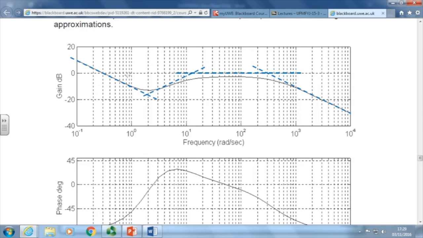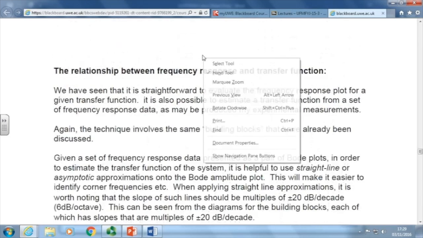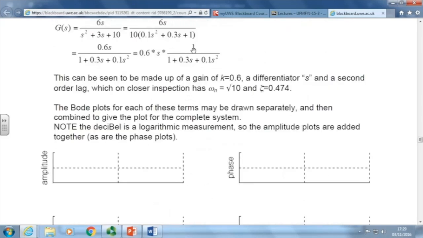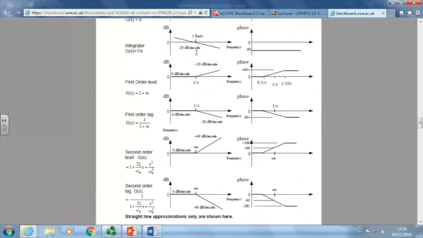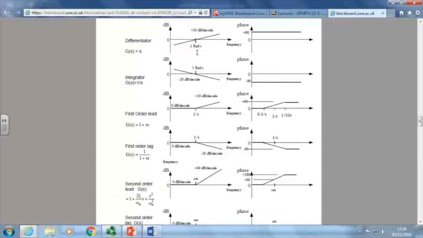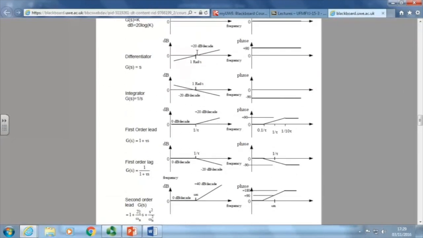Which of my building blocks actually will give me that? Well, can't remember. Let's have a look. Oops, that way. There's my shopping list. Which one of those things gives me a slope of minus 20 decibels per decade right from the beginning, right at the left-hand side? Integrator, thank you very much.